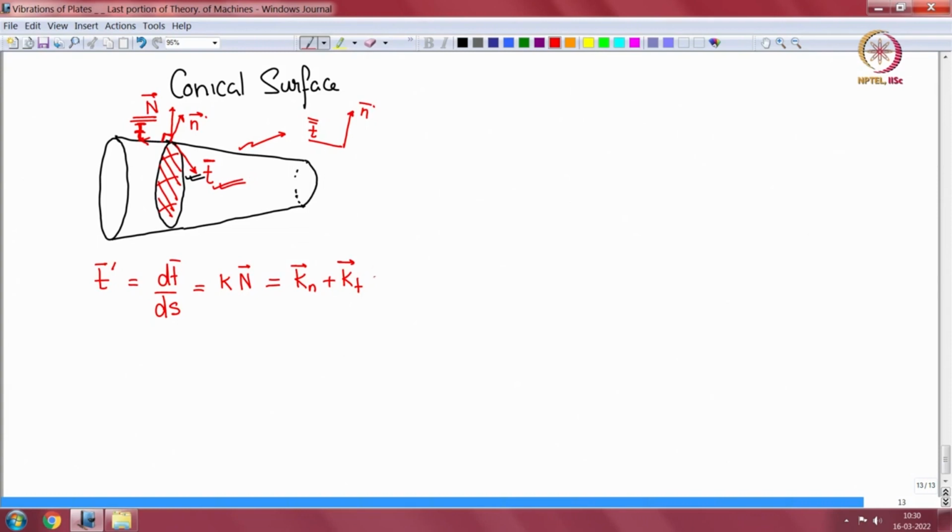Okay, so this is, let's say, the K curvature vector. So Kn is the normal curvature vector and Kt is the tangential curvature vector.